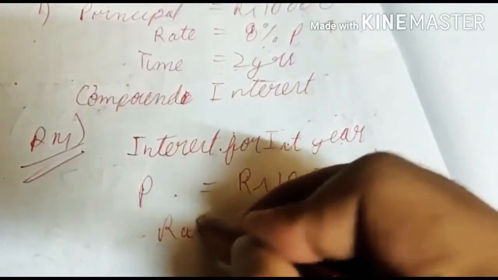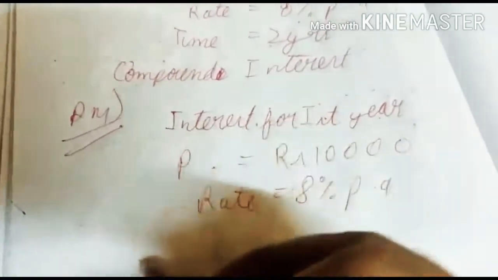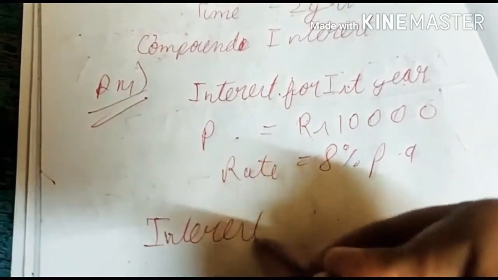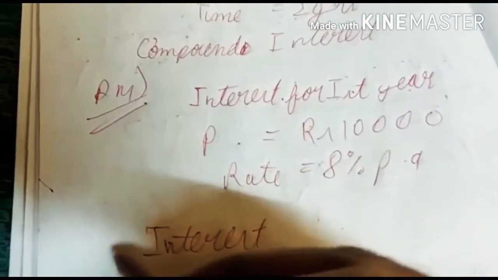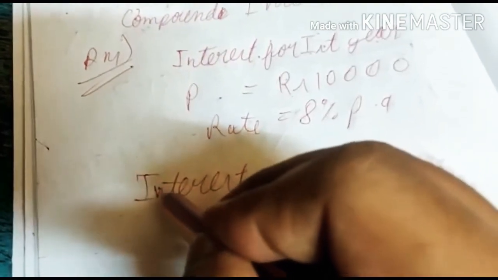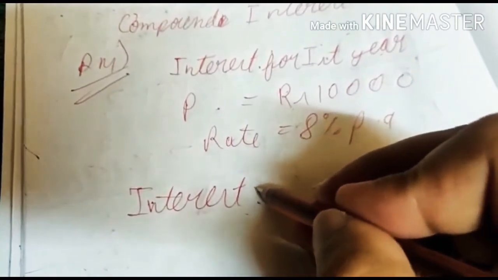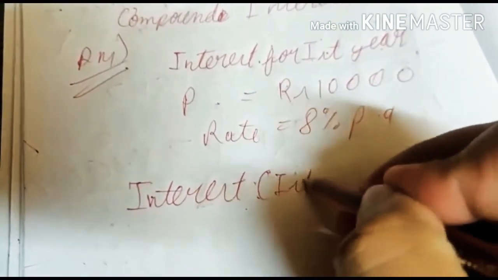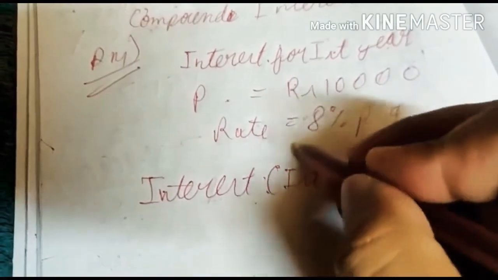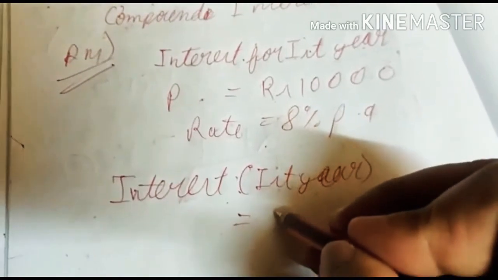and rate was 8% per annum. So interest, we won't write SI. This is just interest, not simple interest. This is interest for the first year. So first year means time here is 1 year. So how do we calculate interest?